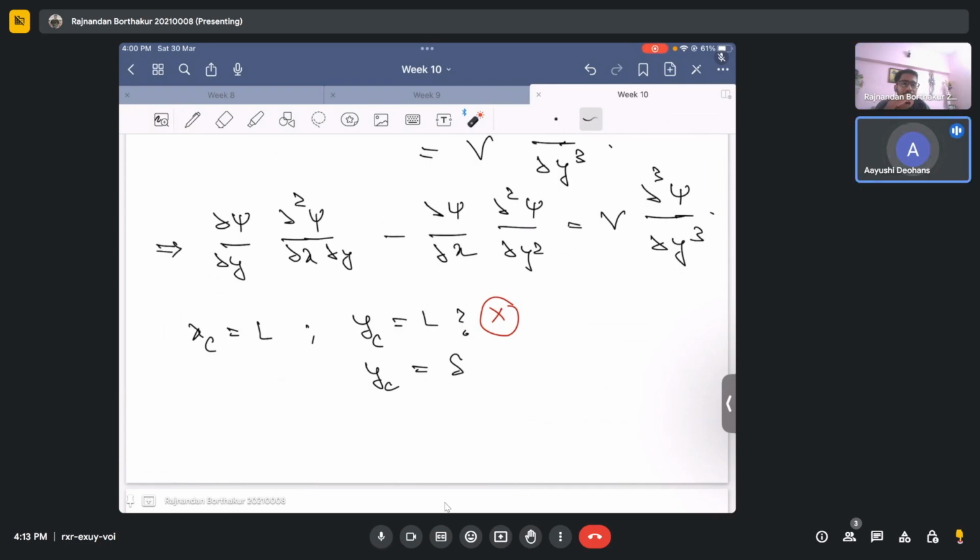That the net drag force on a cylinder is zero. Yes, it's not exactly only on a cylinder, but that is what the D'Alembert paradox says. So I'll tell you what basically happens.